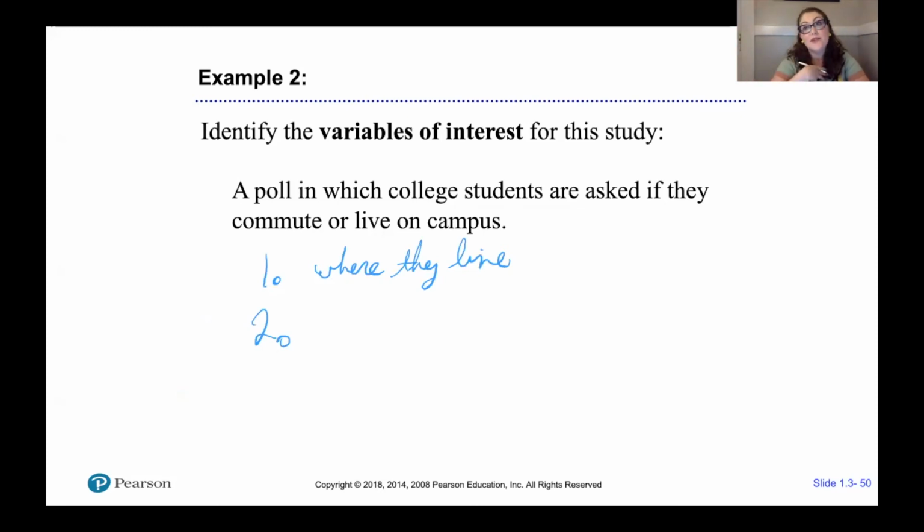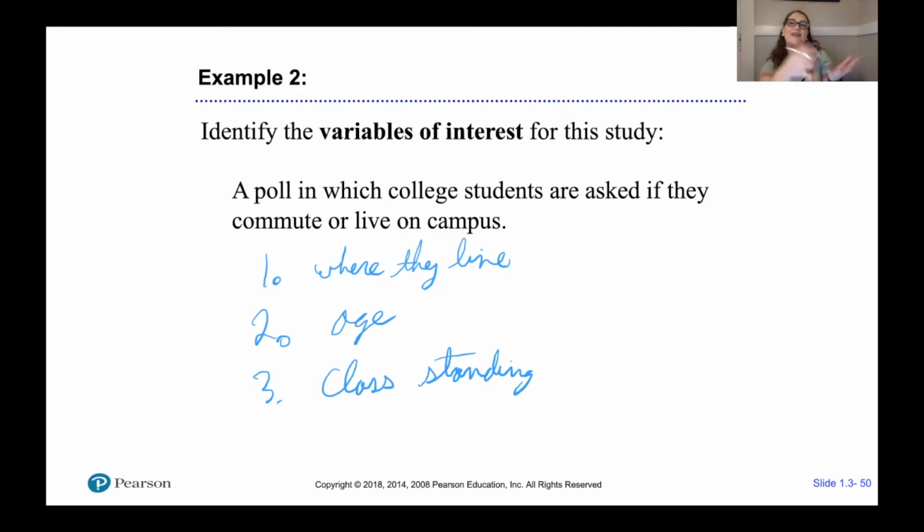Because if you come to school at a later age, like I didn't start college till I was 23, so I already had my own apartment. So age can be a factor. So can class standing. Freshmen are typically required to live on college campuses. So that could be another variable of interest. For most studies, you're going to want to ask them more than one question. Get a full, well-rounded view of the data.